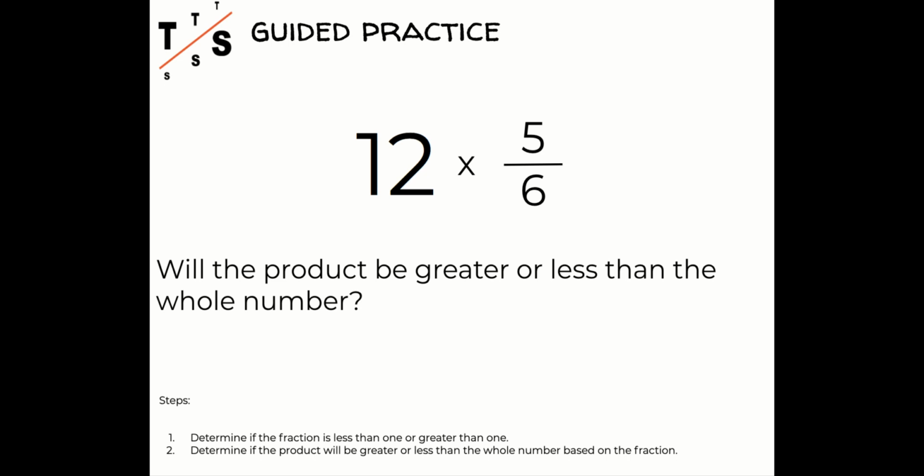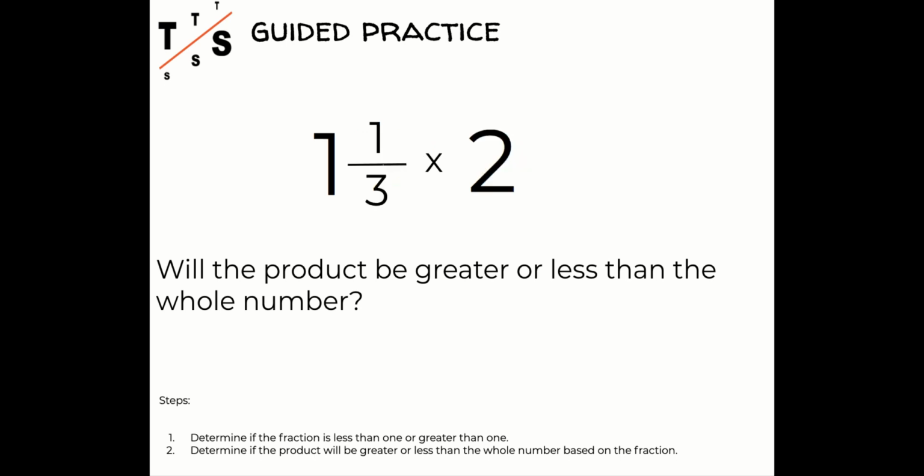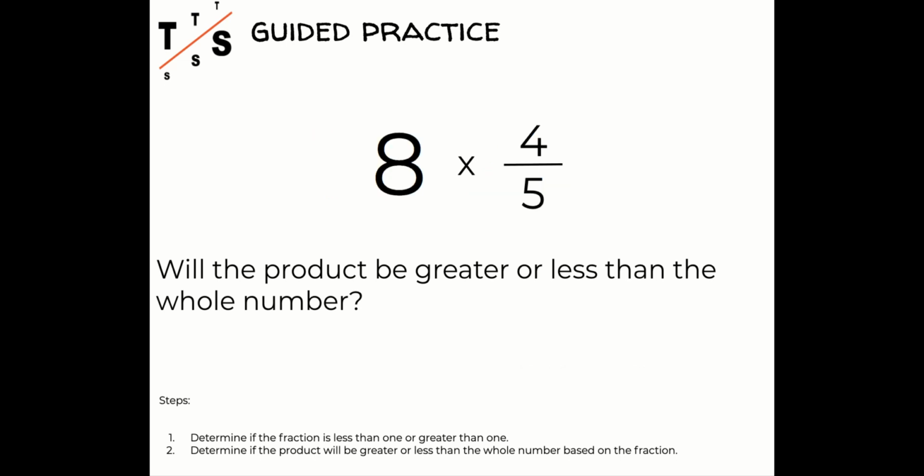The fraction is less than 1, so I know my product is going to be less than 1. 1 1/3 times 2. 1 1/3 is greater than 1, so I know my product will also be greater than 1. 8 times 4/5. Well, 4/5 is less than 1, so I know my product will also be less than 1.